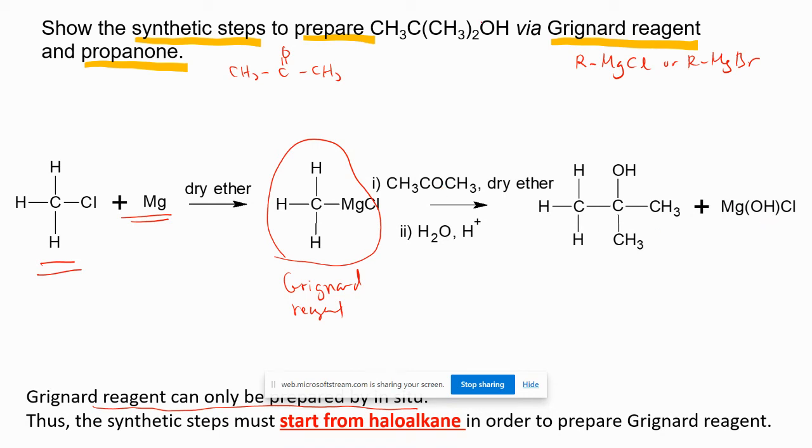So how do we answer this kind of question? First of all, draw the final product, that is COH put on top. Then we have CH3 here, also CH3 here, and another CH3 here. Just now we already said that it is propanol, right?